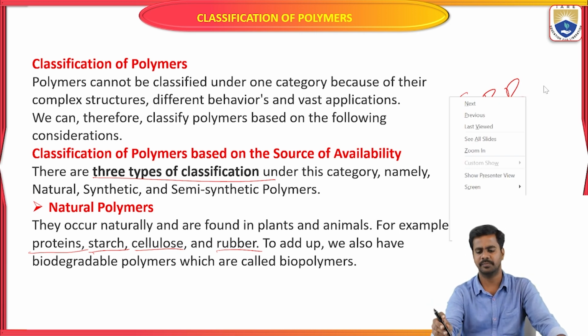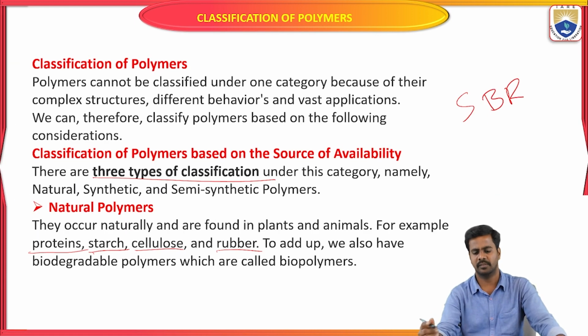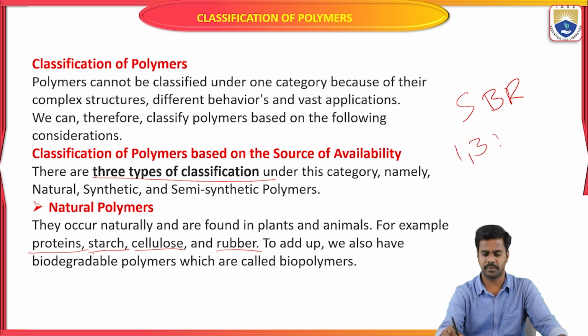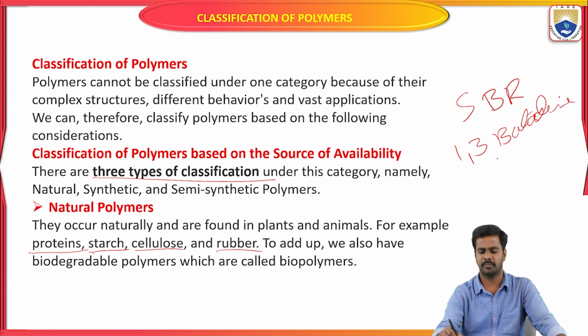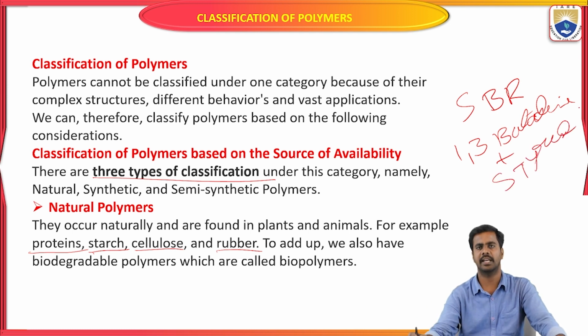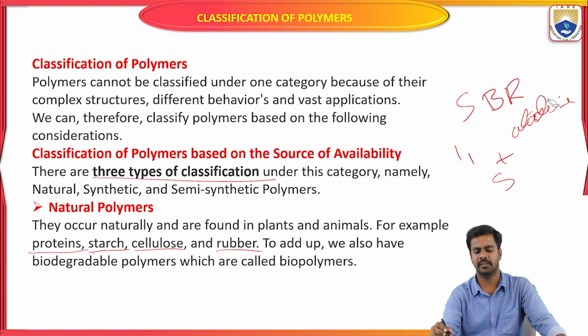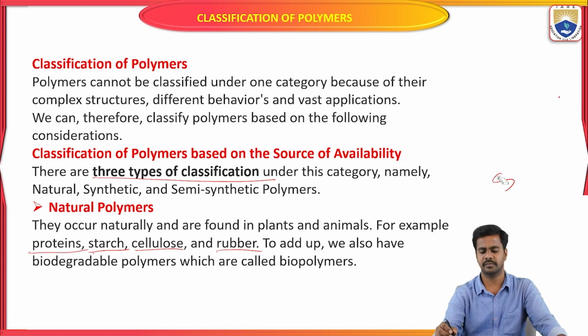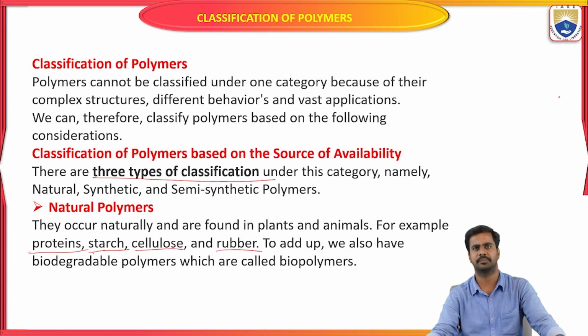It is prepared by the synthetic polymerization of 1,3 butadiene plus styrene. So what is styrene? Vinyl benzene. That's why we can take rubber as an example for both naturally occurring polymers and synthetic polymers.